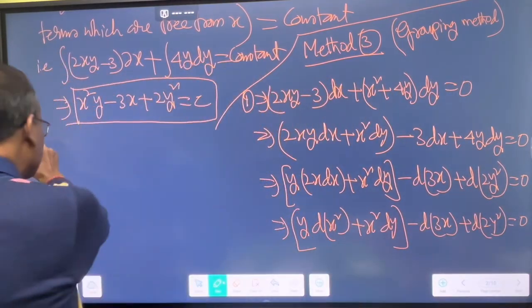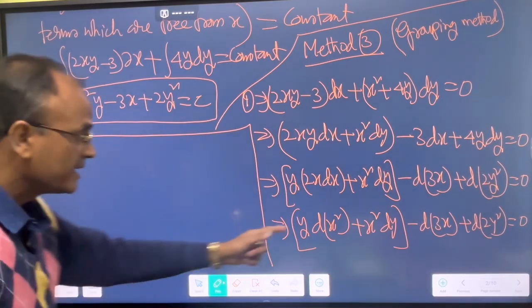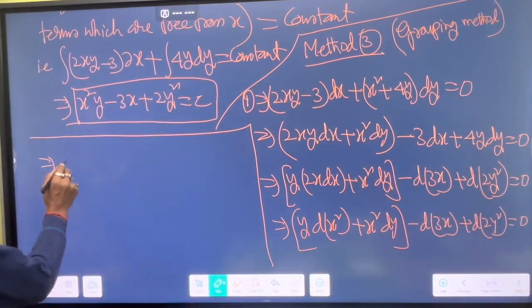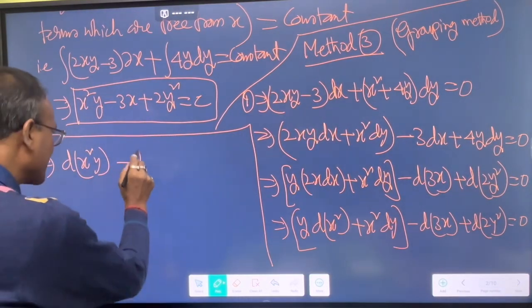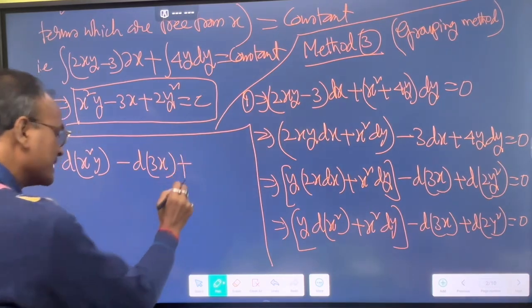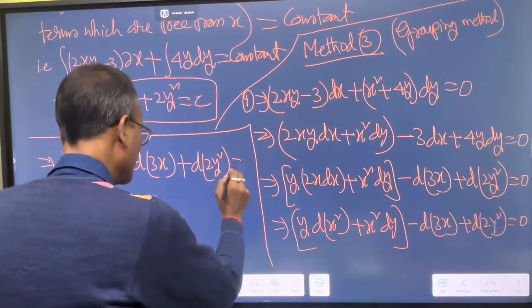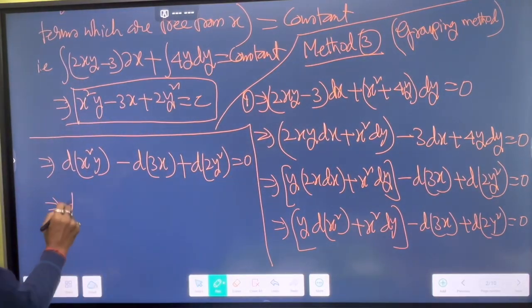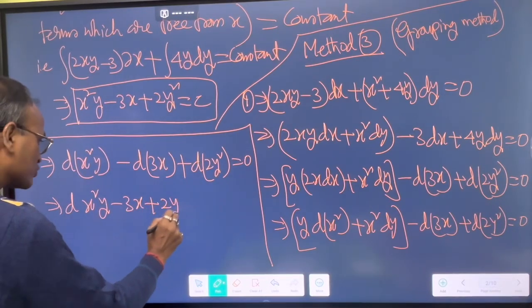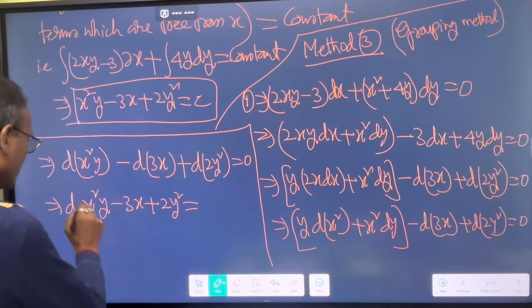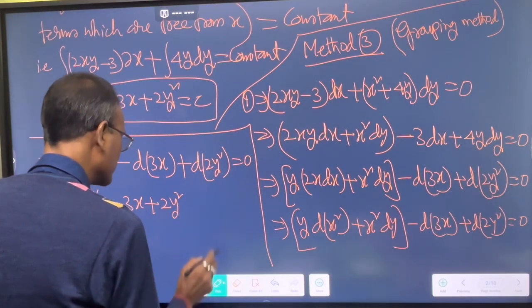So this can be written as d of (x square y minus 3x plus 2y square) equal to 0.